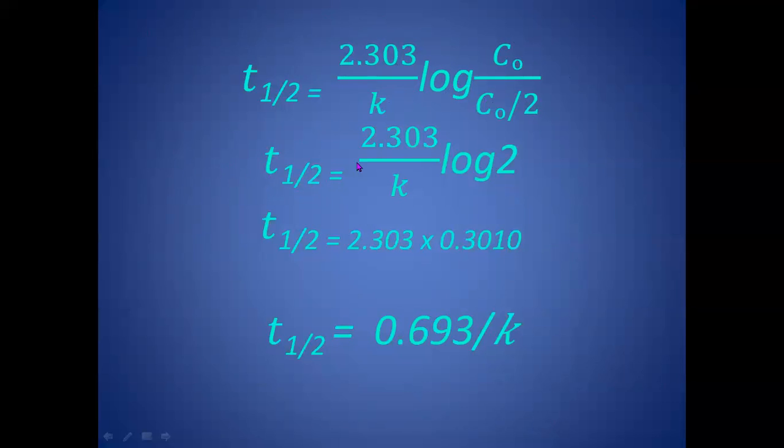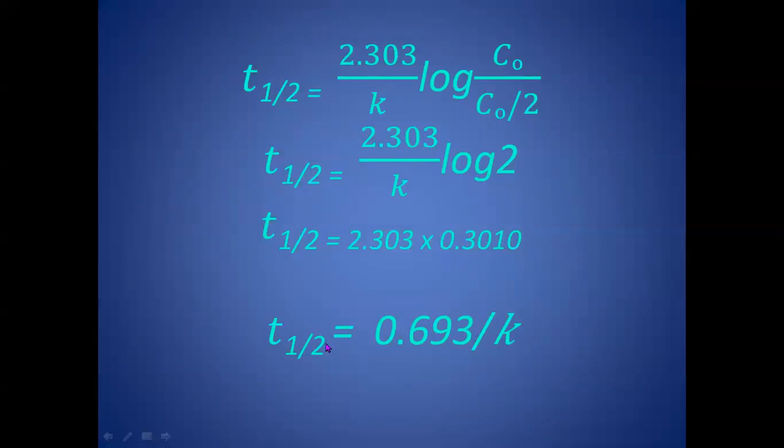Therefore, T half is equal to 2.303 by K log 2. When we substitute the value of log 2 and multiply with 2.303, we get T half as equal to 0.693 by K, or K is equal to 0.693 by T half.